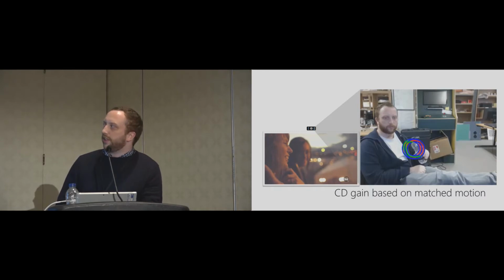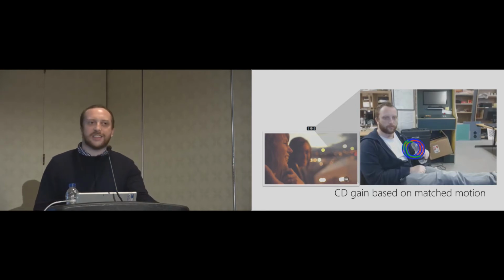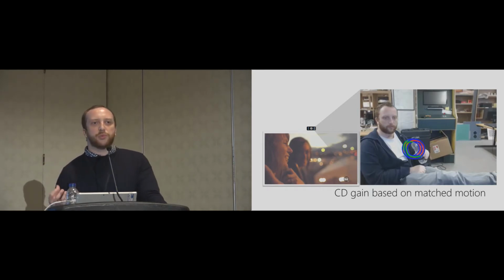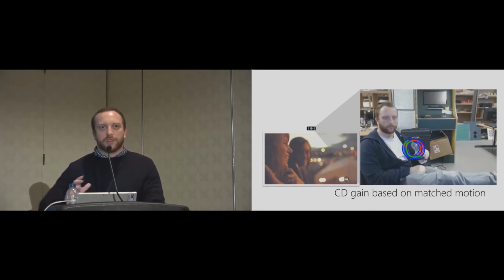We can use the ideal user's motion derived from the RANSAC process to calculate the CD gain. So for example, head movements will result in much smaller motions than hand movements, but we have a problem. In the next stage, we want the cursor-based interaction, and we need to track the object or body part which matched the motion.